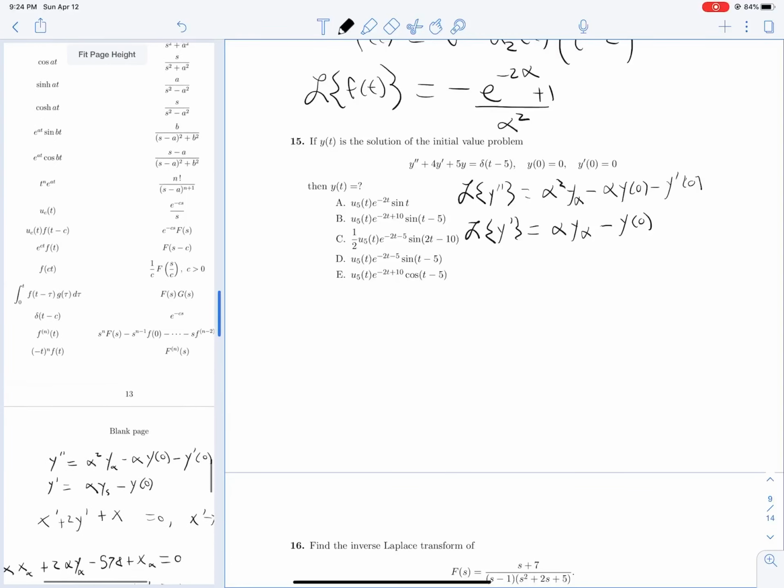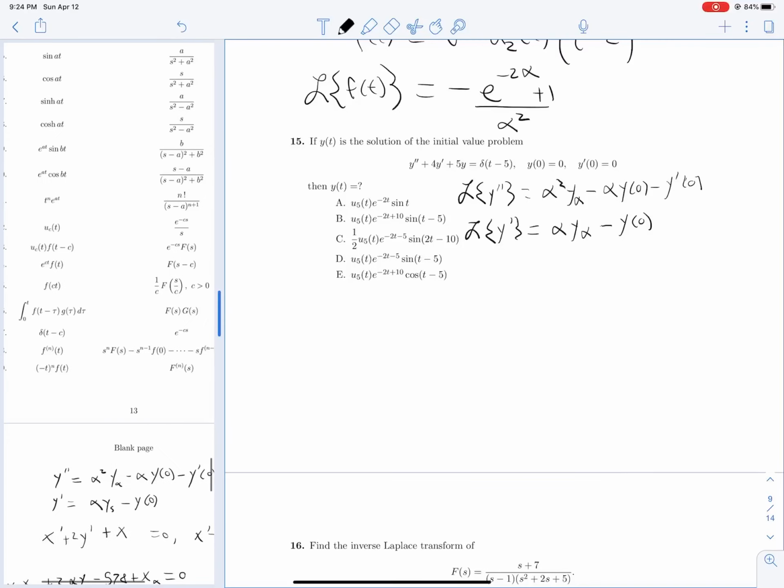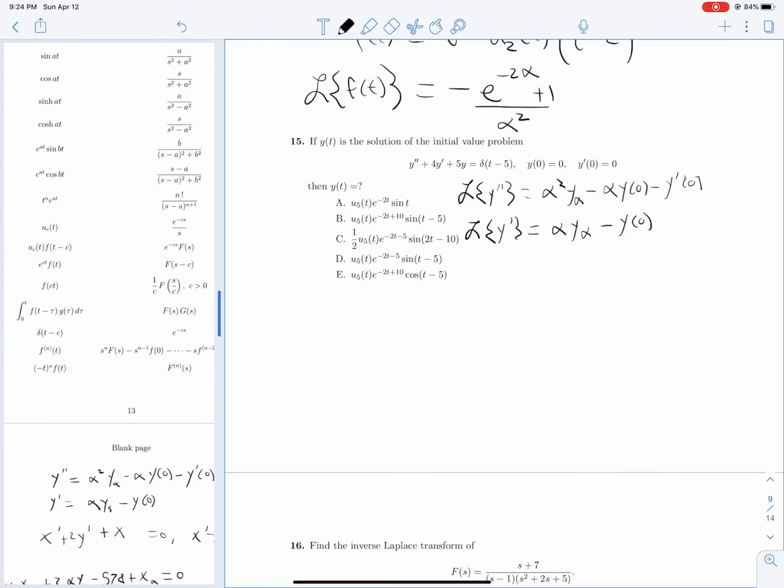So let's take the Laplace transform of both sides of our equation here. So y double prime will become alpha squared y alpha, and both of these initial condition terms, and in fact the one down here too, will all be equal to 0. It's always really nice when it works like that.